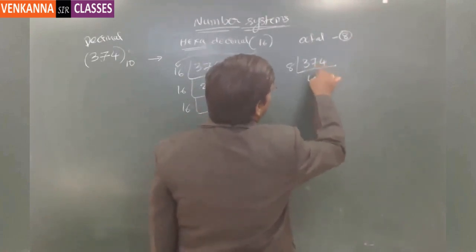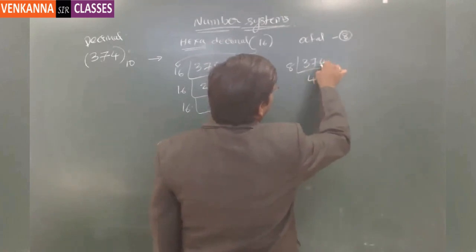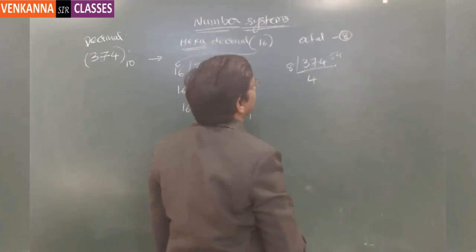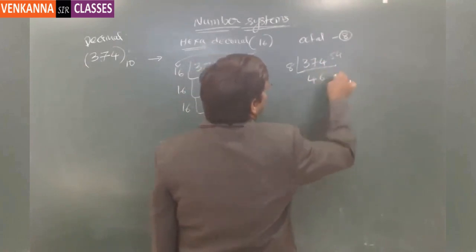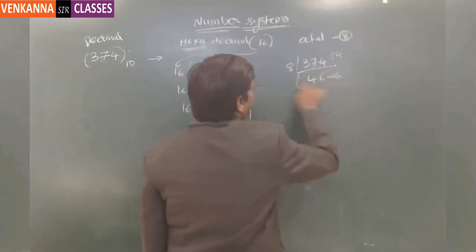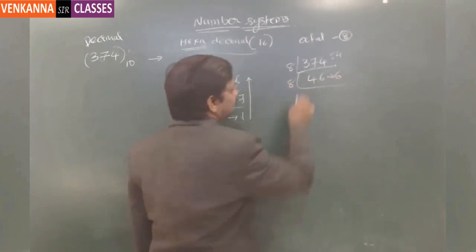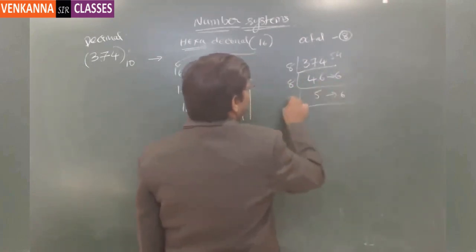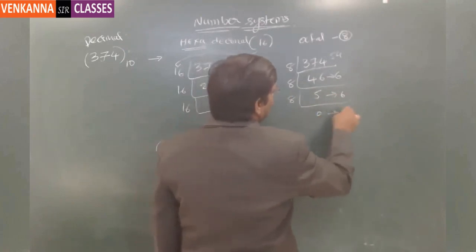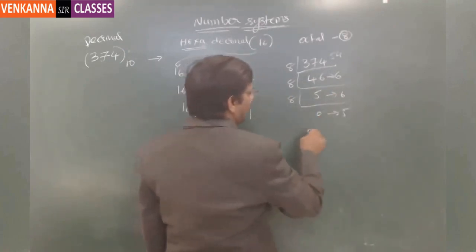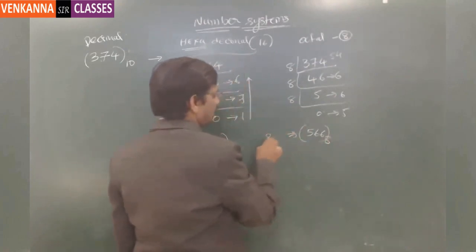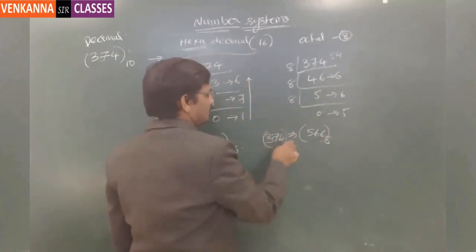Four times 32 and 54, okay, 54, 48. This is 6. And then again 8: 5 times, remainder 6. And again 8: 0 times, remainder 5. So 566 base 8 is equivalent of 374 base 10.